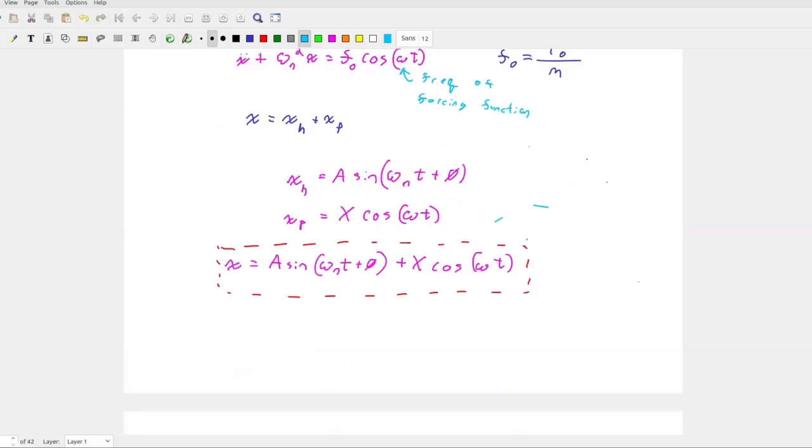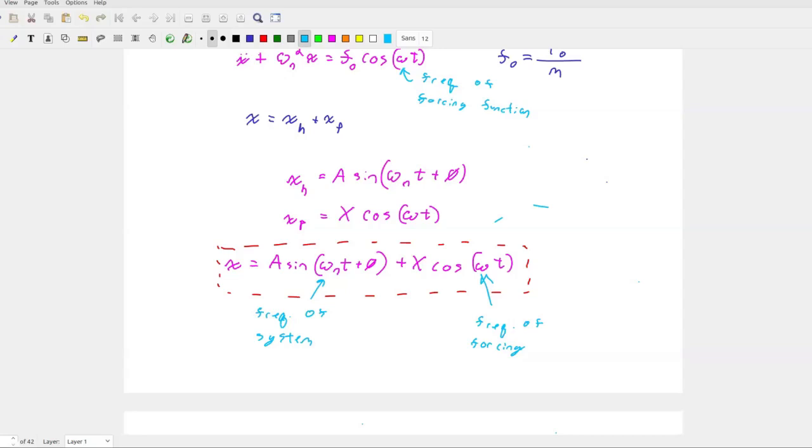So when you look at this expression, this omega n here is the frequency of our system, and this omega is the frequency that we force our system at. There's lots of interesting things in the world of vibrations that happen when the frequency that you force the system at aligns with the frequency that the system naturally wants to vibrate at. That's really one of the core concepts of vibrations, which is resonance, and we'll get to that in a future subsection.